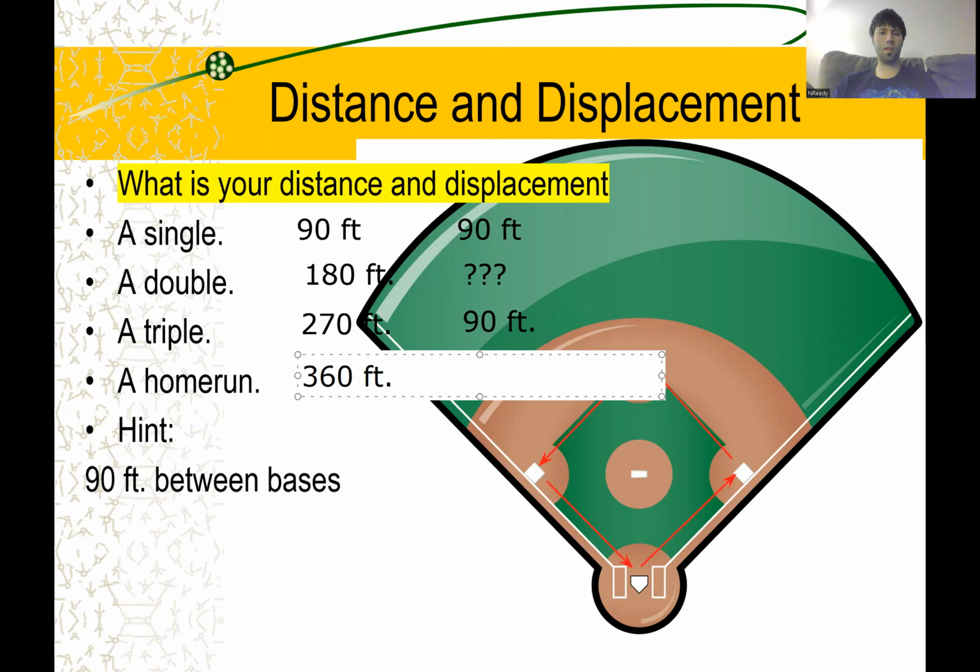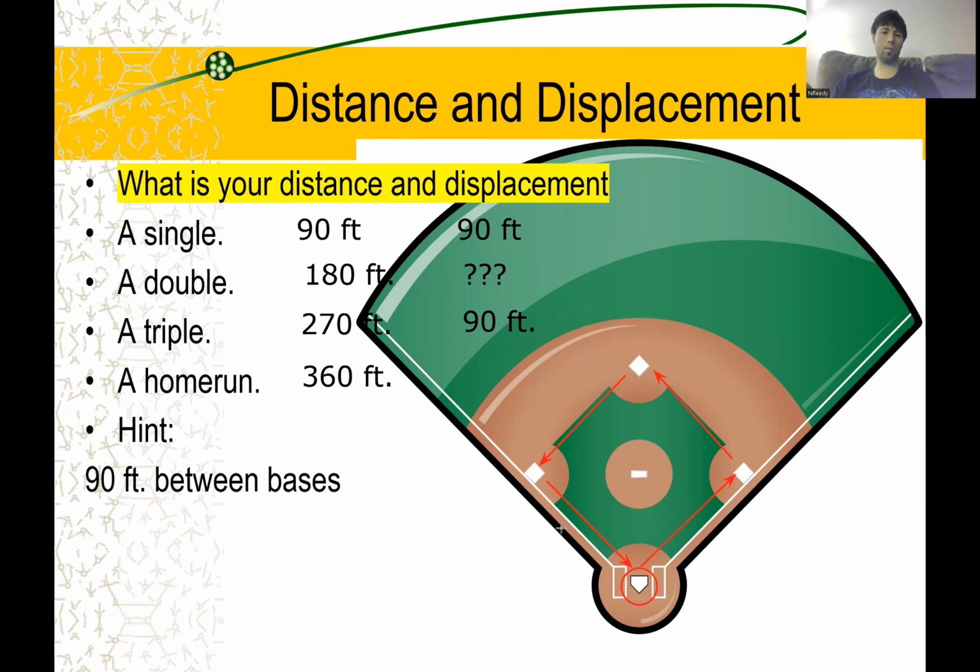And then the displacement. Okay, so let's think about this. Displacement is going to be the distance between my starting and ending point. Where I start on home base, I also end on home base. So if I start and end on the same point, that means I really haven't gone anywhere. Yes, I have gone somewhere, but in the grand scheme of things, I didn't really go anywhere.